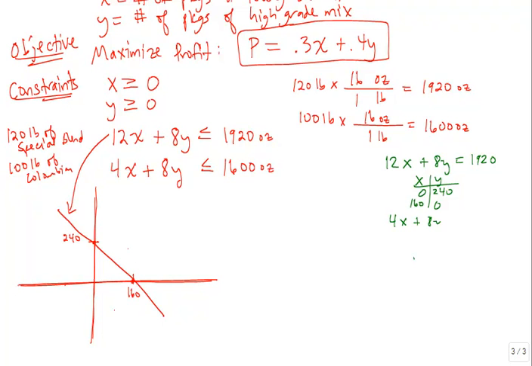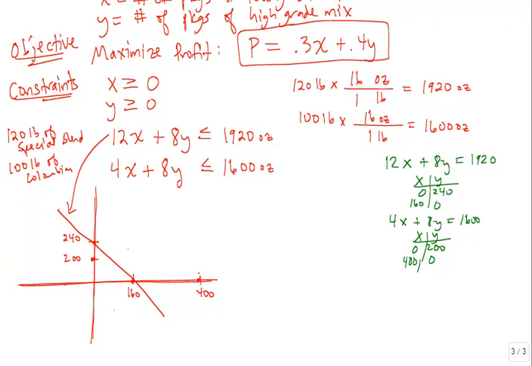4x plus 8y is equal to 1600. Let's get a couple of intercepts for that. If x is 0, 1600 divided by 8 is 200, and if y is 0, 1600 divided by 4 is 400. So my intercepts are going to be 200 on the y, so a little bit lower, and 400 for the x, which is way over here.